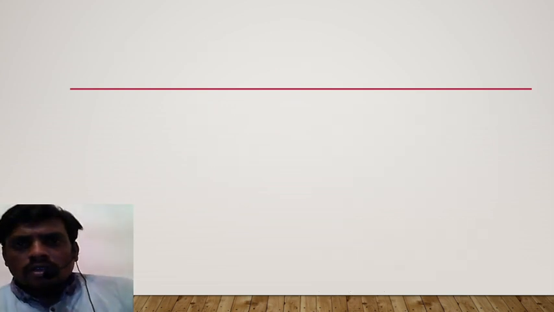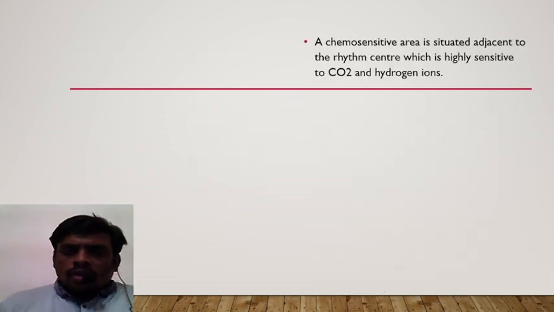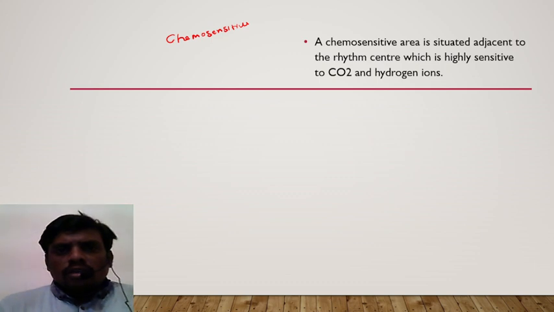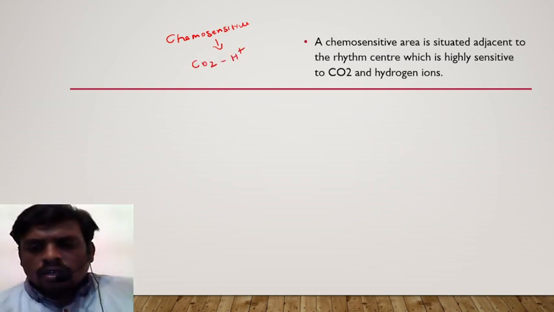Understood everyone? Apart from these two centers, there is the chemosensitive area. The chemosensitive area is situated next to the rhythm center and is highly sensitive to CO2 and hydrogen ions.